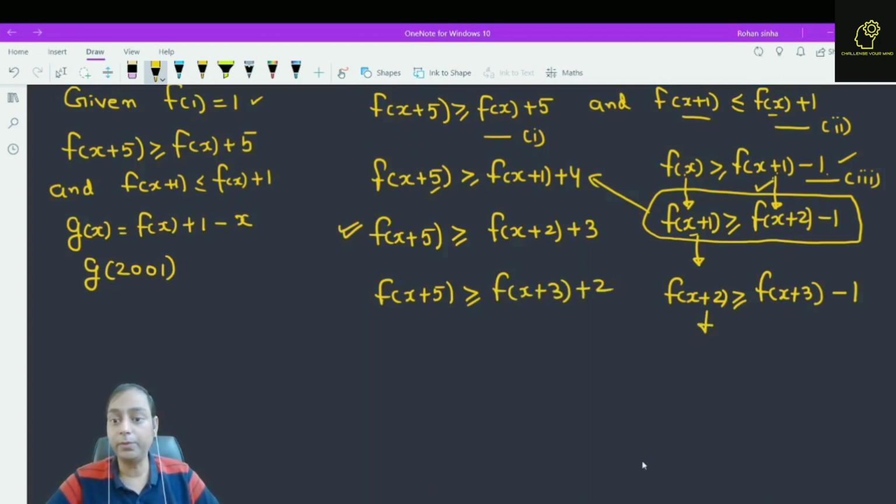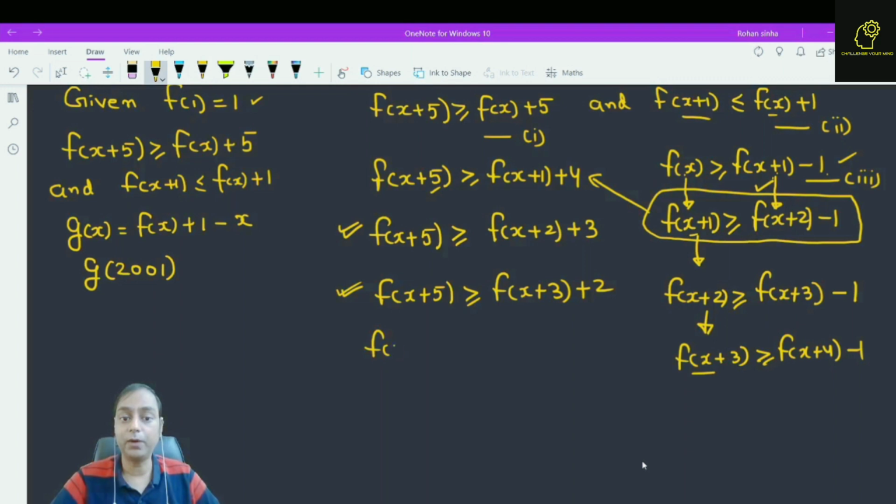Again you replace x with x+1, and f(x+3) is greater than or equal to f(x+4) - 1. Now putting f(x+3) here, f(x+5) is greater than or equal to f(x+4) + 1.